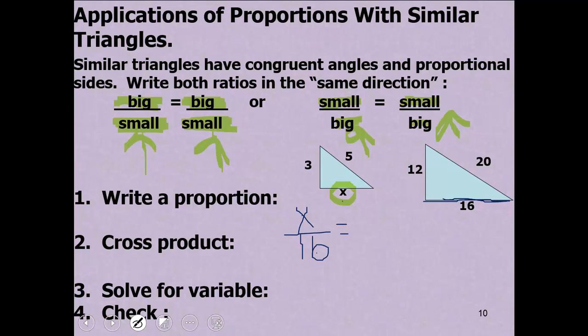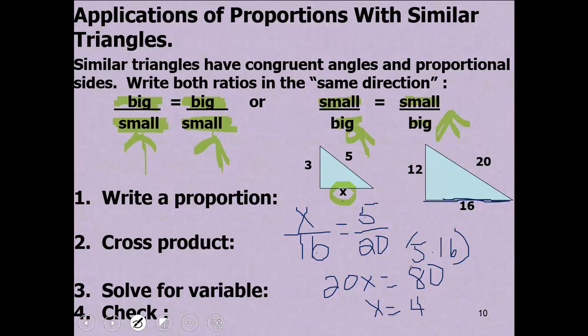And we did small over big, 5 over 20. Now cross multiply. 20x is equal to 5 times 16 is 80. So x is equal to 4. I'll put down here, this is 5 times 16, so you guys can see where I got that from. So x is equal to 4.